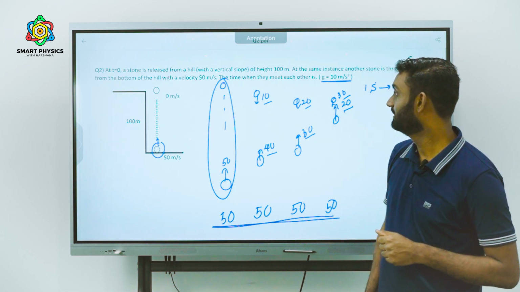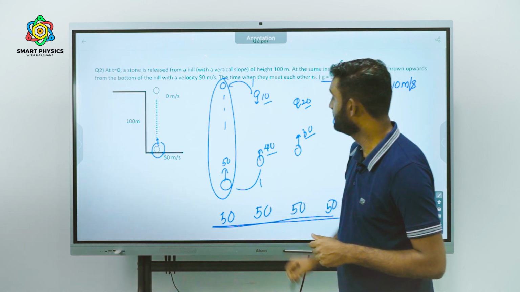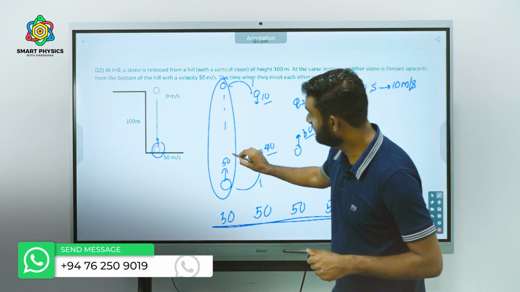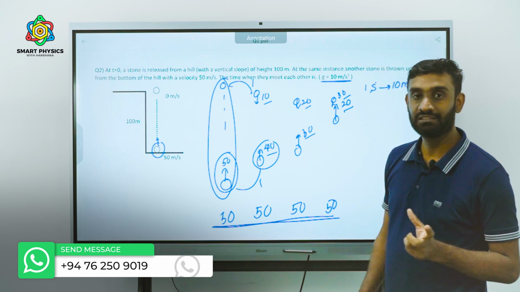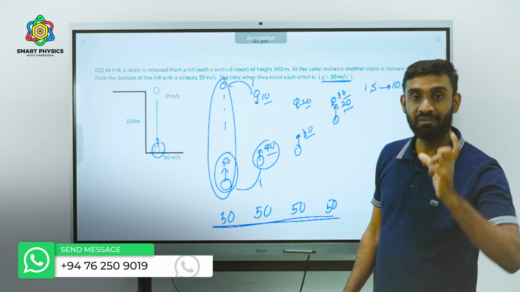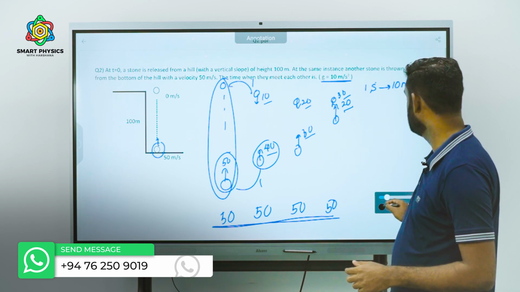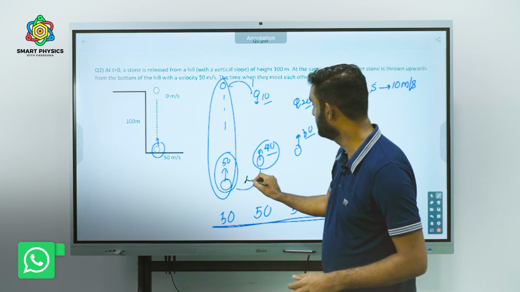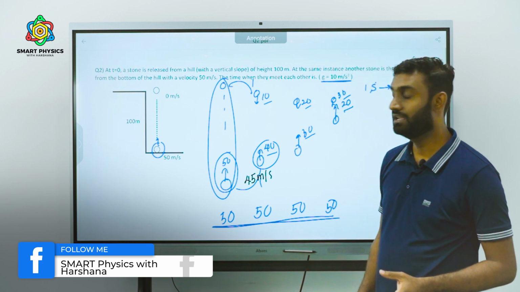Right? The other thing, when it's moving from here for 1 second, and from here for 1 second. Now, this is the initial velocity, this is the final velocity. Then what is the average velocity during this 1 second? You can consider 45 meters per second. Why?